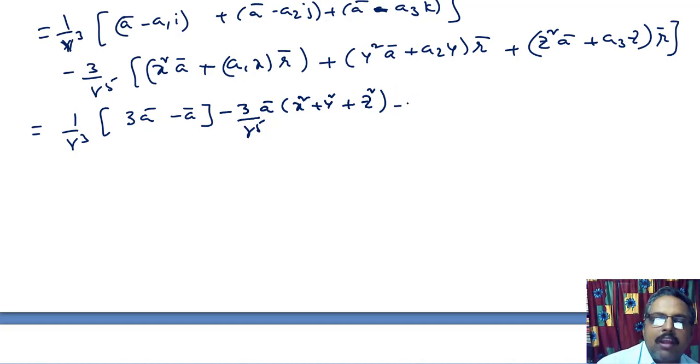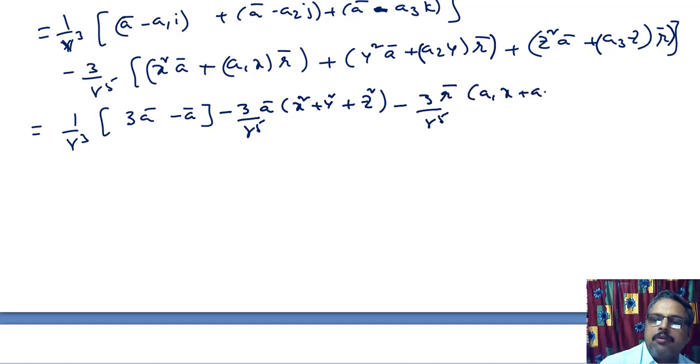Okay. Minus 3 by r power 5 into, here r bar, here r bar, r bar. This is a bar, this is r bar. Okay. Here a1 x into r bar, a2 y into r bar, a3 z into r bar. So r bar is common. So a1 x plus a2 y plus a3 z.